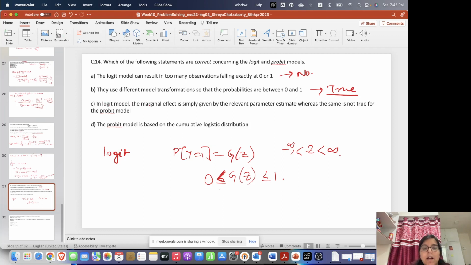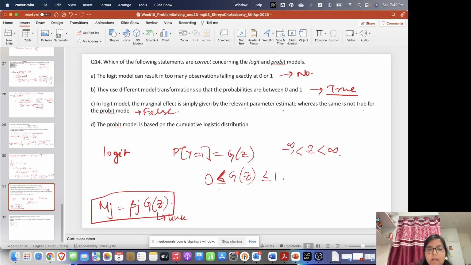In the logit model, the marginal effect is simply given by the relevant parameter estimate, where the same is not true for the probit model. This statement is false, because in any kind of model, the marginal effect is given by the parameter times the link function, or the CDF, the cumulative probability distribution, where we have to plug in values to get the marginal effect.